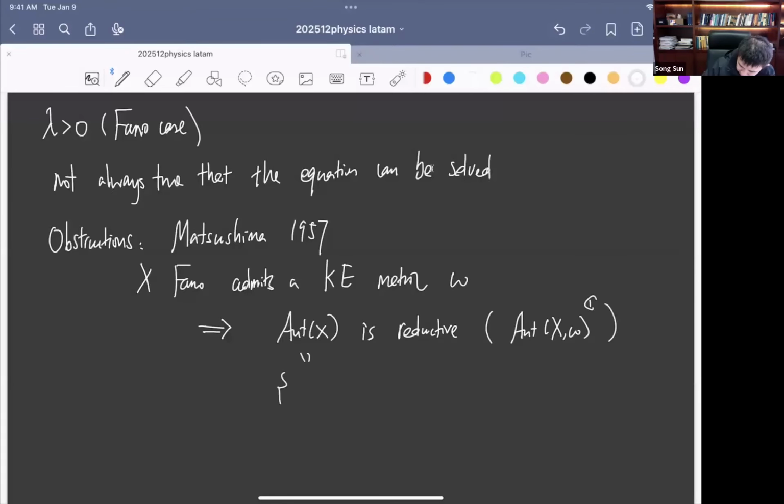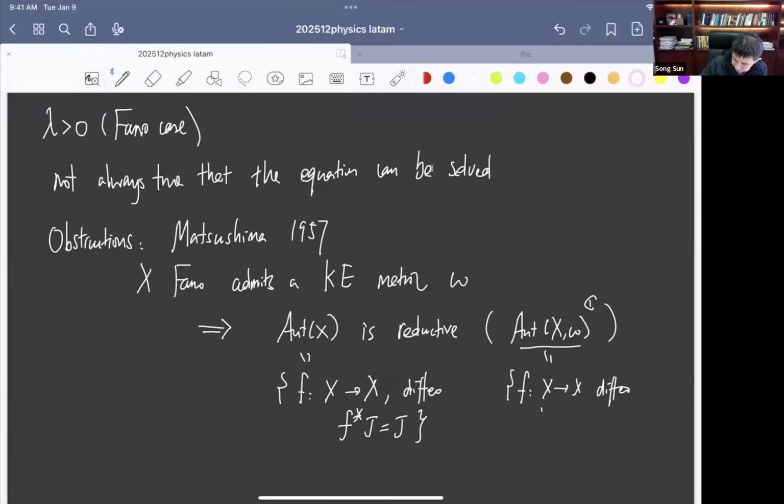This is just f from X to X, a diffeomorphism that preserves the complex structure, f star J equals J. That is the holomorphic automorphism group, the holomorphic transformations of X. And then a further subgroup is the isometries, if f star J equals J and f star omega equals omega.